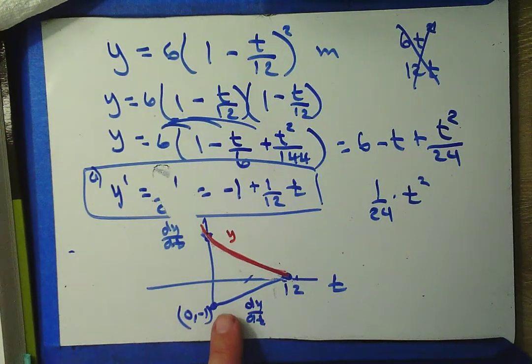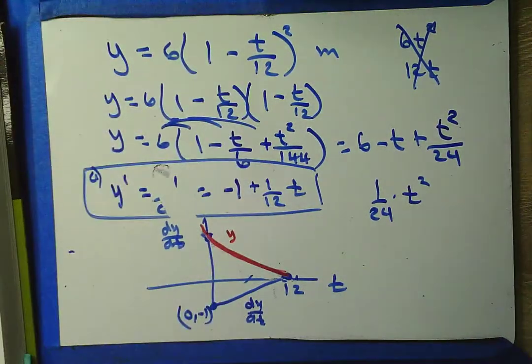I see y prime is negative because that's the rate at which the tank is emptying. If the rate were positive, the tank would be filling up. Since these rates are all negative values on the blue graph, that tells me that the tank is emptying from 0 to 12. That's a great test question.